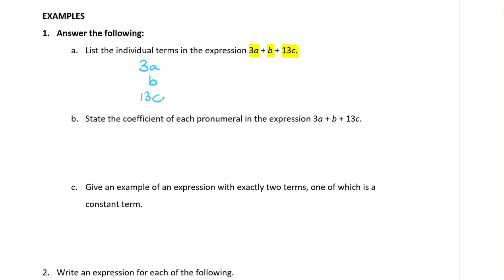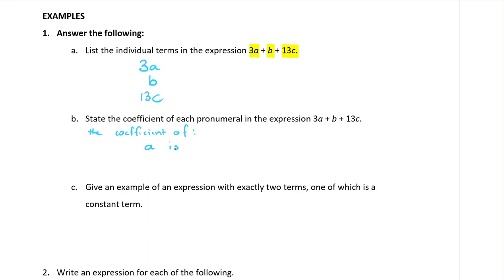Part b says state the coefficient of each pronumeral. There are 3 pronumerals there, a, b, and c. So I'm going to write coefficient of, and put some dots there because I've got to do 3 different ones. The first one is a, the coefficient of the a. Coefficient means number in front.